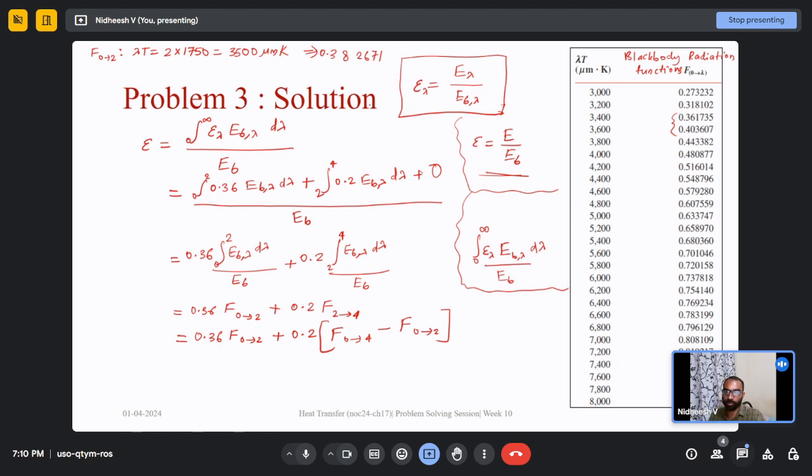Now we have F02. Also we need to find out F04. For F04, what is lambda T? Again we have to calculate lambda T because lambda is different here. Lambda is now 4 micrometers. Sorry, lambda T is 4 micrometers into 1750, that is 7000 micrometers Kelvin.